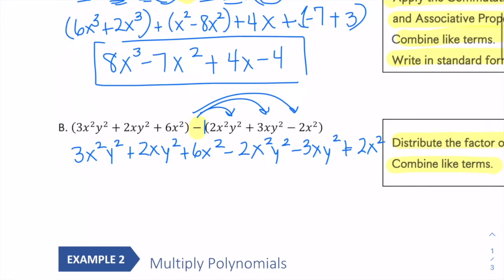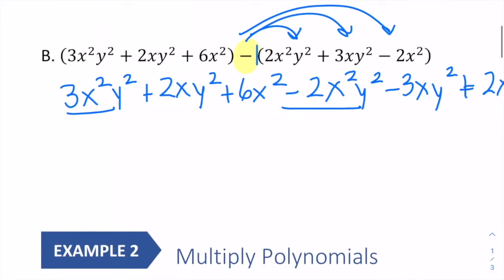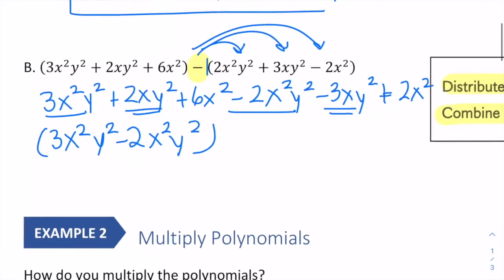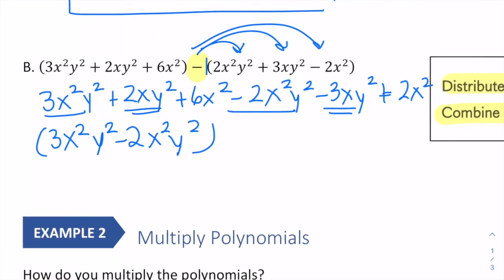Now let's look for the like terms. So we have 3x squared y squared. We have another x squared y squared. So I'm going to put those two together. And then we have 2xy squared minus 3xy squared.